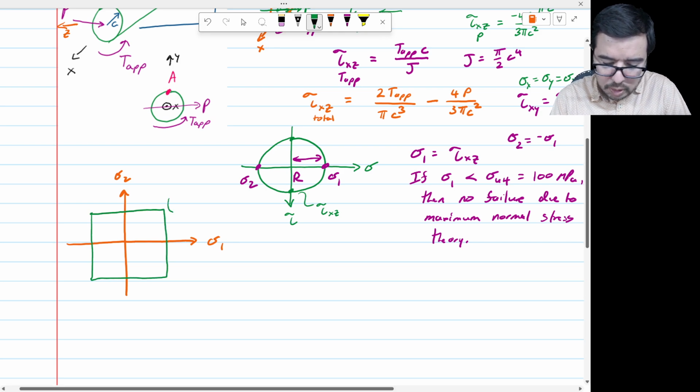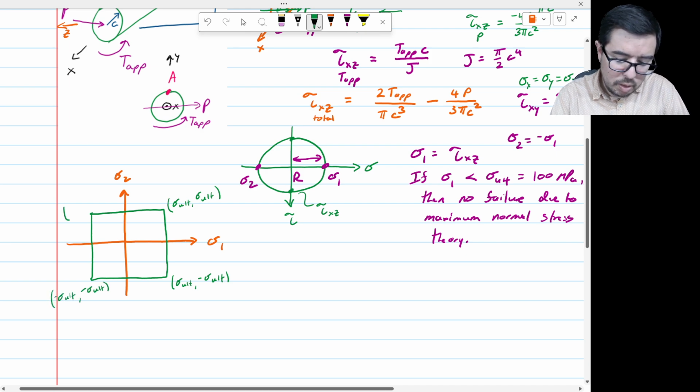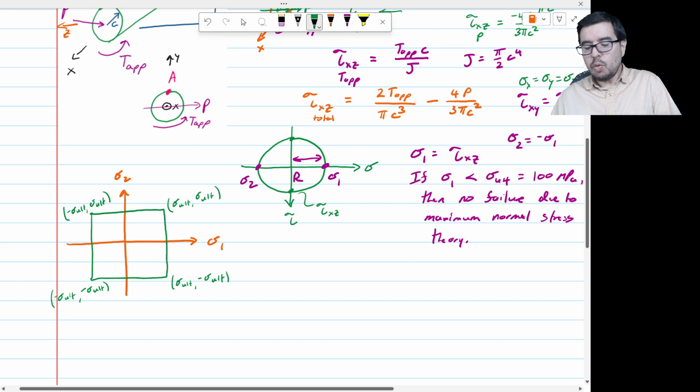This point right here is sigma ultimate, sigma ultimate. This point is sigma ultimate, minus sigma ultimate. This is minus sigma ultimate, minus sigma ultimate. And this is minus sigma ultimate, sigma ultimate. So where do we fall in this case?